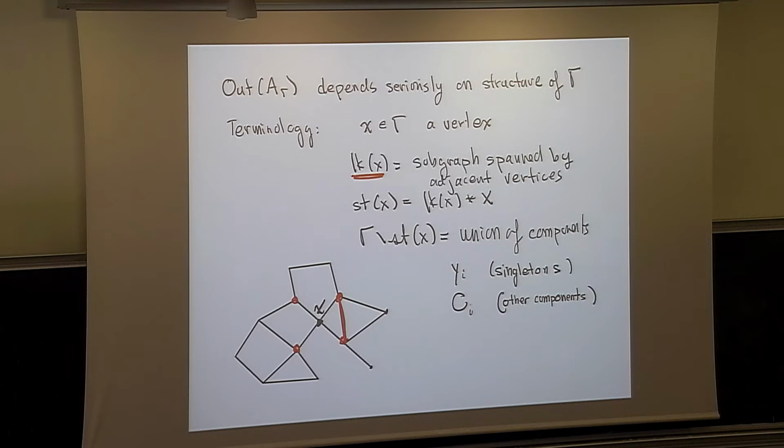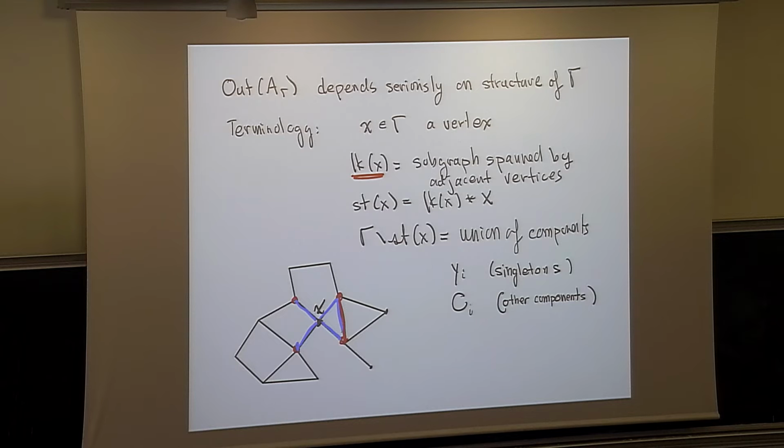And then the star of X is going to be the graph spanned by the link of X and X itself. So the blue subgraph plus the red subgraph, that's the star of X. So the blue thing is the star of X.